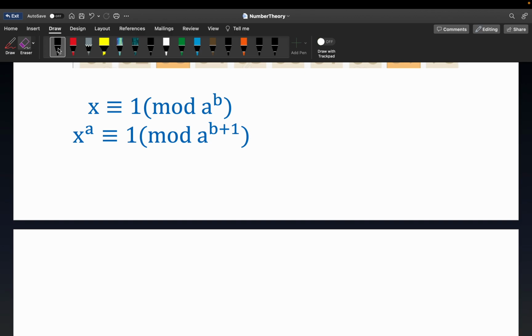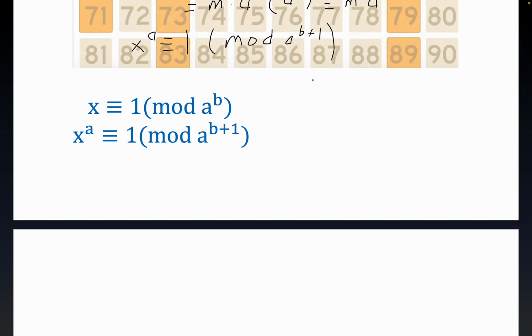I'm just picking small constants, and b equals 3. Now, folks, this would give us x is congruent to 1 mod 8, right? 2 cubed is 8, so we'll do mod 8.